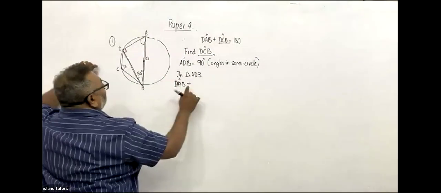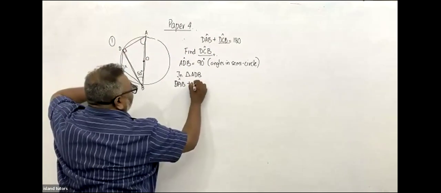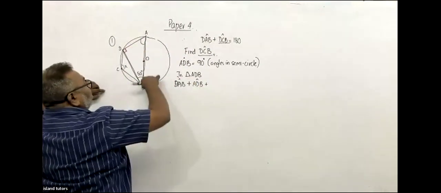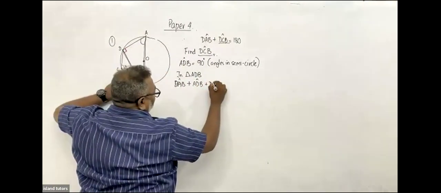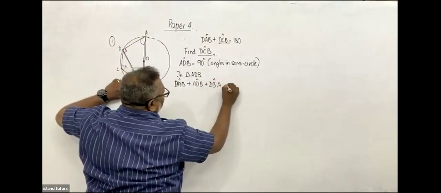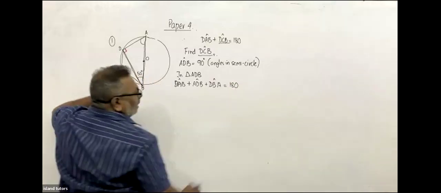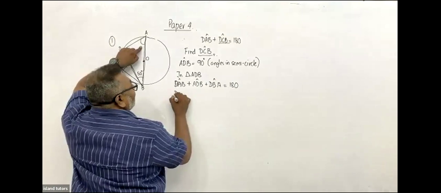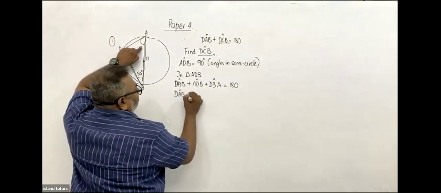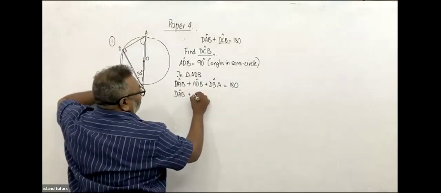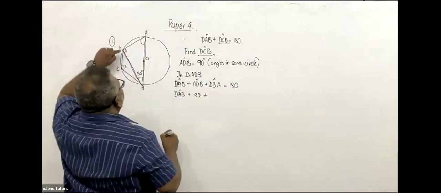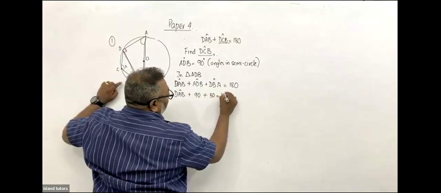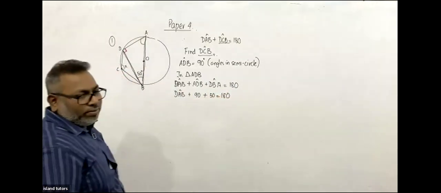DAB angle plus ADB angle plus DBA angle add up to 180. DAB angle we don't know, so we're going to keep it as it is. ADB angle you know is 90. DBA angle already given to us, which is 50, is equal to 180.